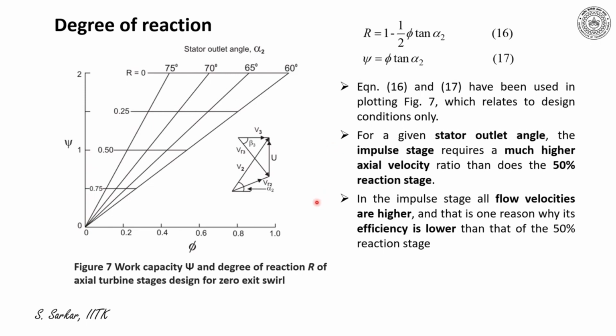Thus, in the impulse stage, all flow velocities are higher, and that is one of the reasons why the efficiency is lower than that of the 50% reaction stage.